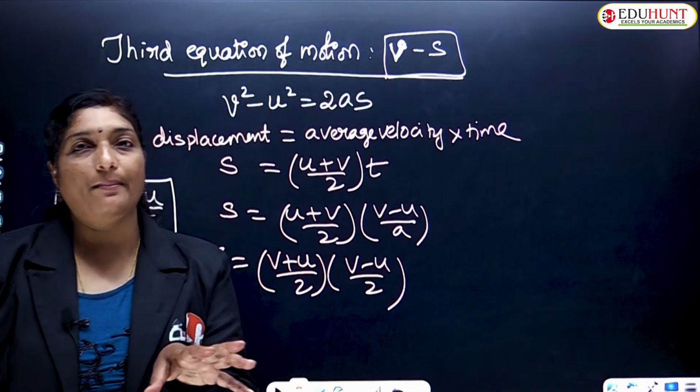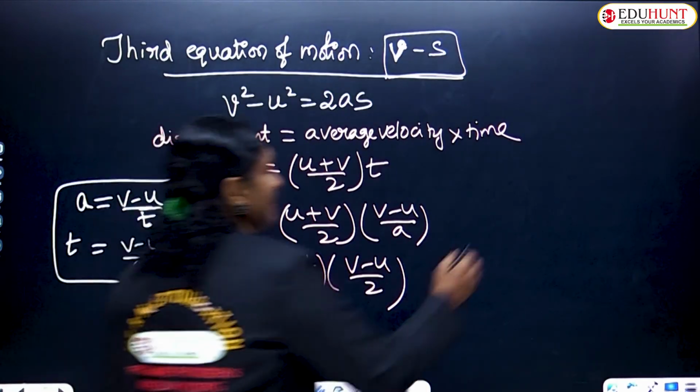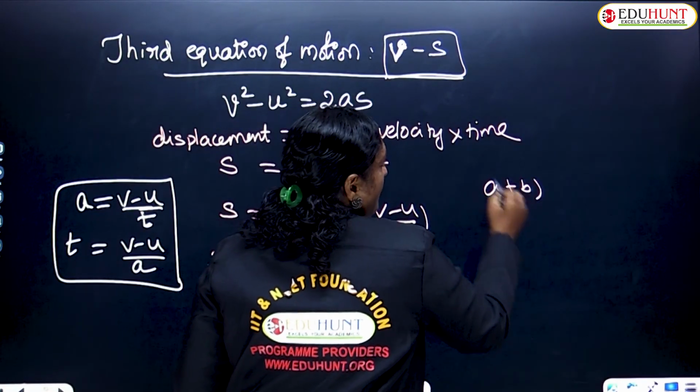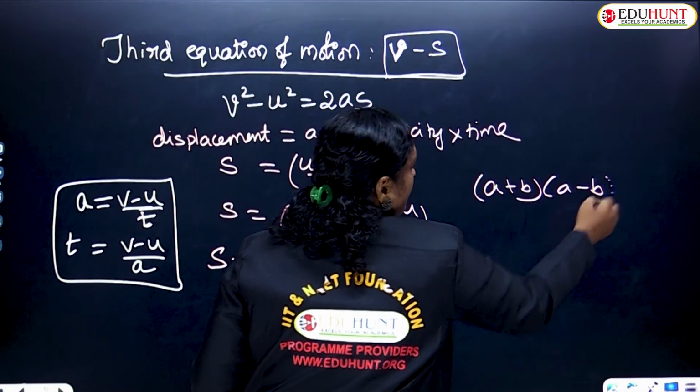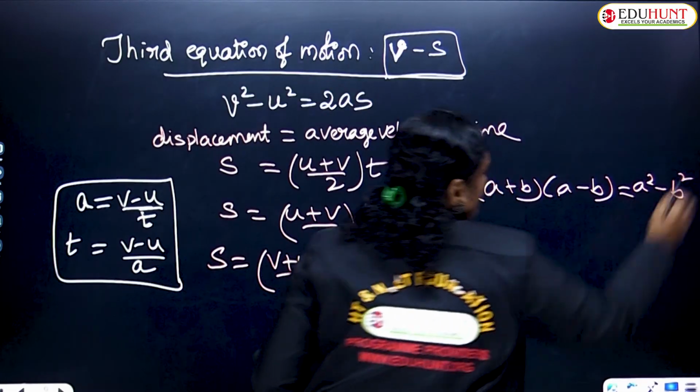a plus b into a minus b can be written as a square minus b square. What is that, children? a plus b into a minus b is nothing but the a square minus b square formula.